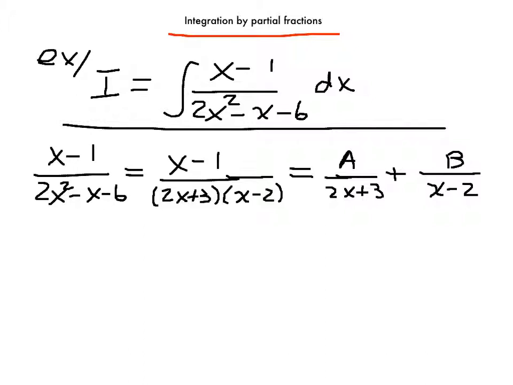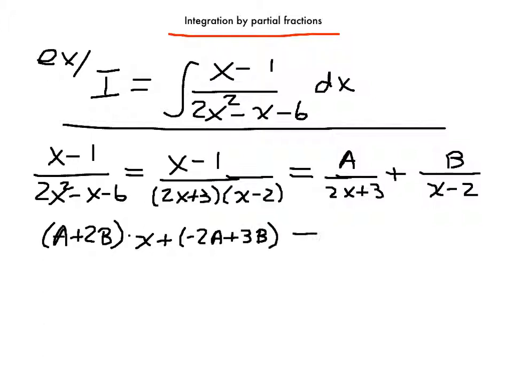So I'll skip a couple of steps here because, as we've said many times, you're pretty bright. But if I were going to get a common denominator, A would get multiplied by x minus 2, B would get multiplied by 2x plus 3, and that would be my top. And my top would have to equal x minus 1. Now, the numerator would be, and you should do the work to convince yourself that it's true, (A plus 2B) times x plus (minus 2A plus 3B).